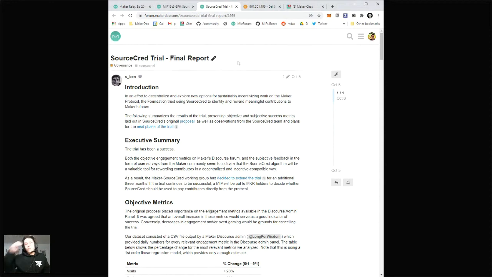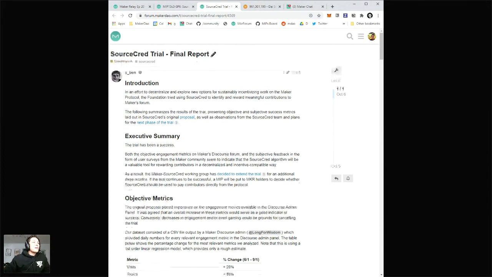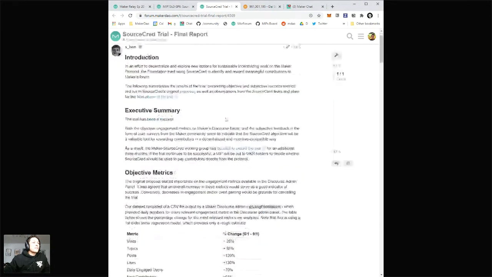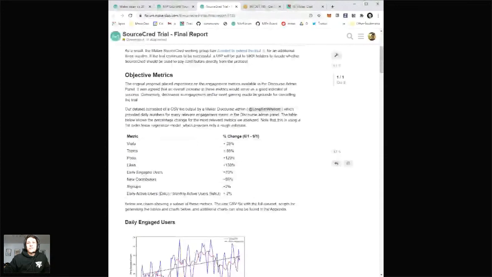So it reads the likes that you get, the posts that you make, and there's just a bunch of really clever stuff going on behind the scenes, and it essentially assigns each person a score. And the cool thing is that if you participate in the forums and you opt into SourceCred, you actually get paid in DAI every month.